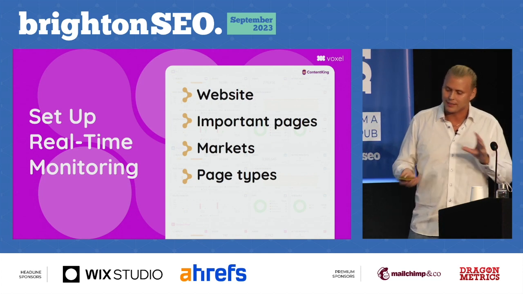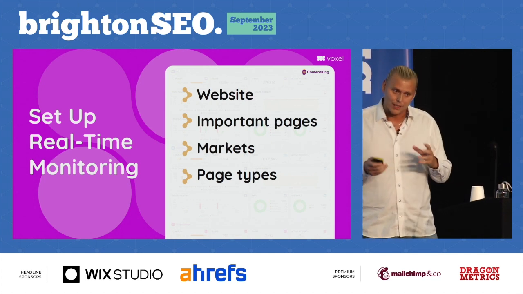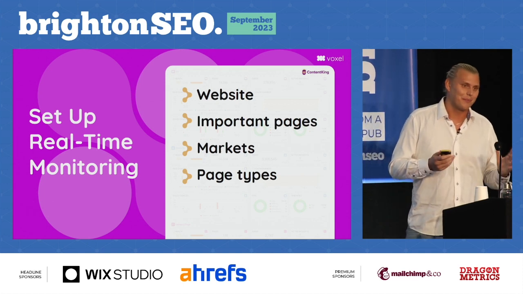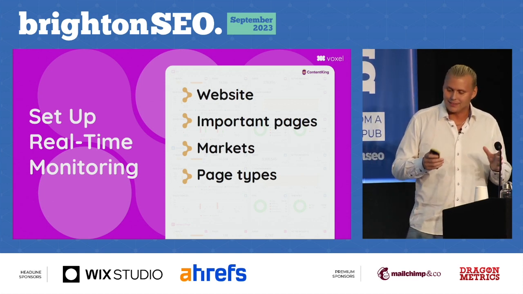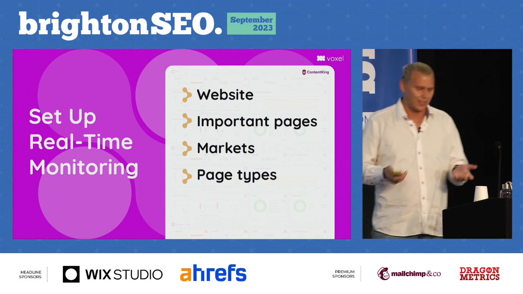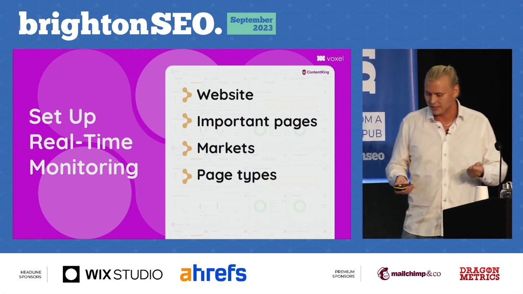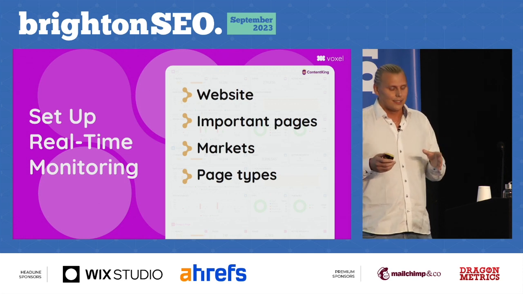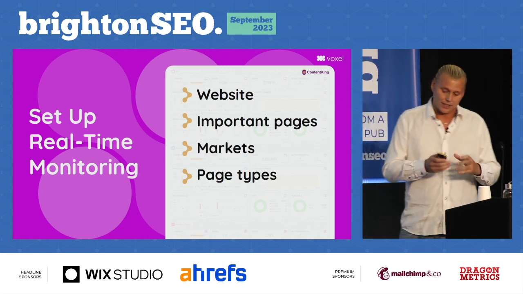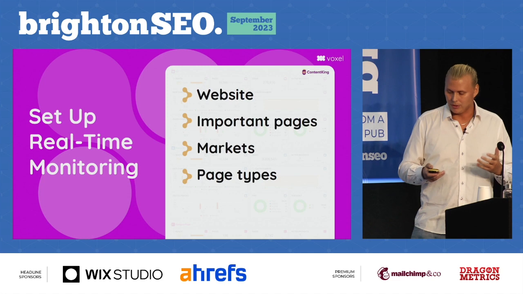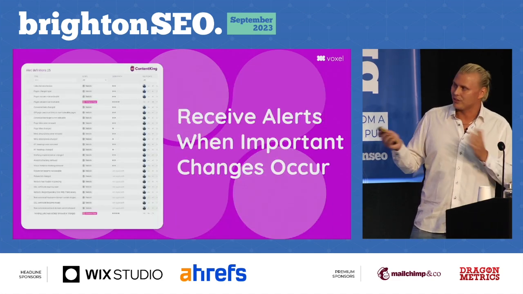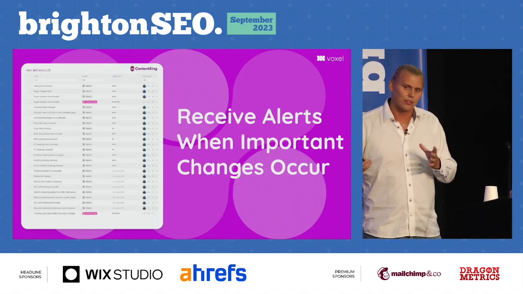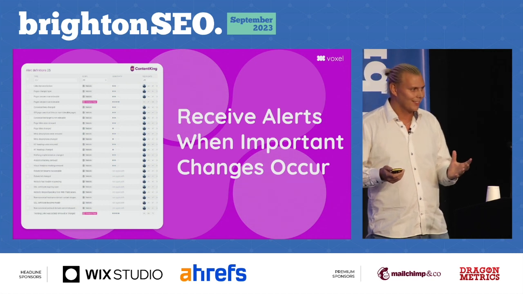But when setting it up, I think that's where a lot of my colleagues don't take the time to make a proper setup, if that makes sense. So I think when doing this, it really makes sense to try to define your page types, your markets, if it's a .com site, and so on, to make sure that the alerts make sense, because not all alerts are equally important.